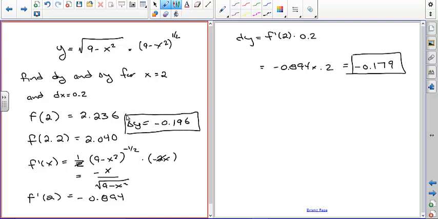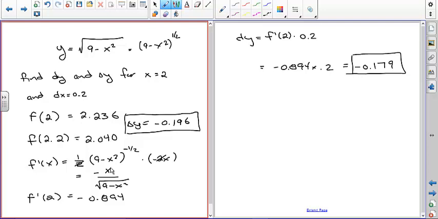Okay, that's what I got. So I get delta y is negative 0.0196 and dy is negative 0.179. I think I did that right. So we evaluate the function at 2 and the value at 2.2, because delta x and dx is 0.2. And that gives you that.